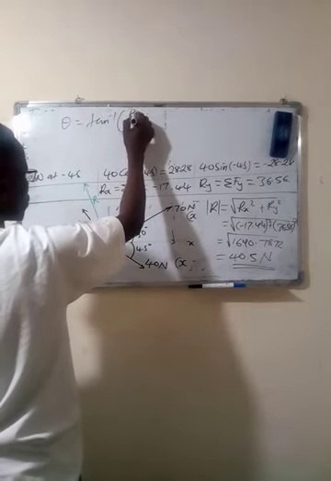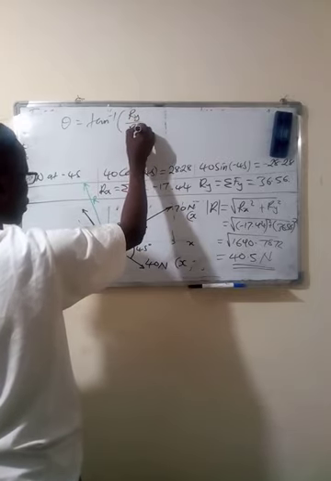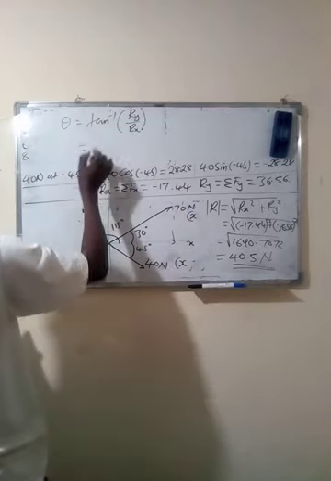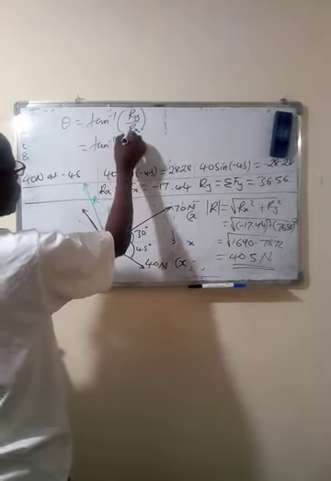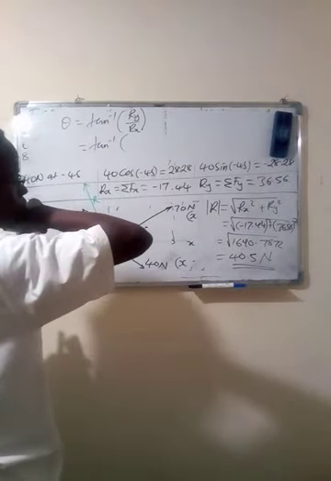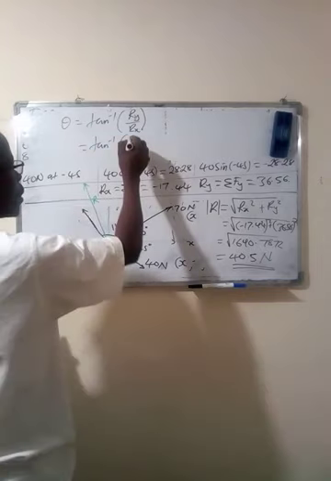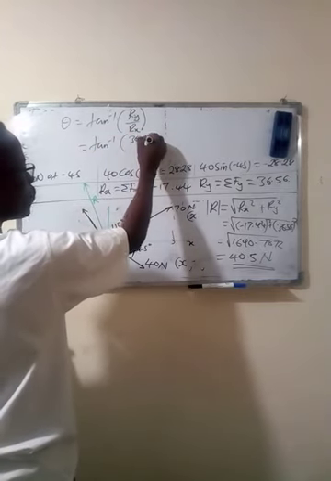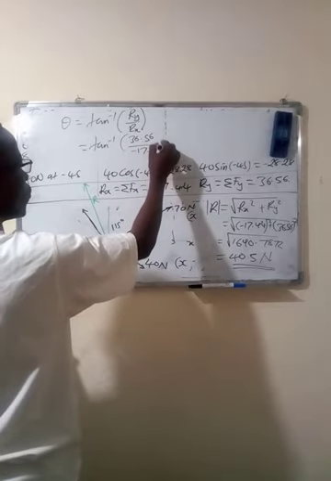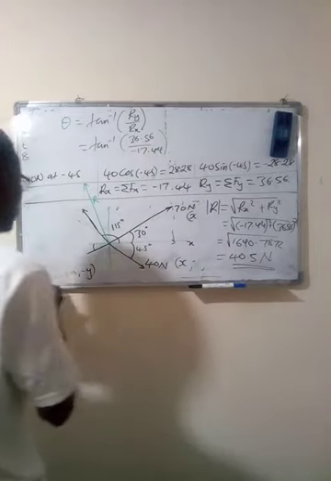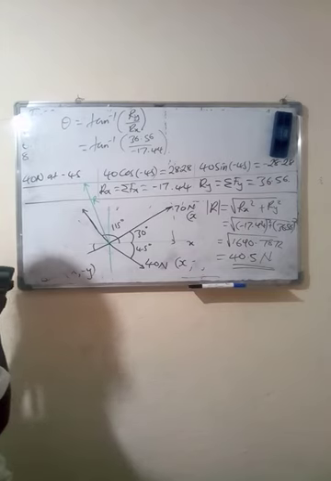Tan inverse of our Ry, 36.56, divided by negative 17.44. And then we apply tan inverse.